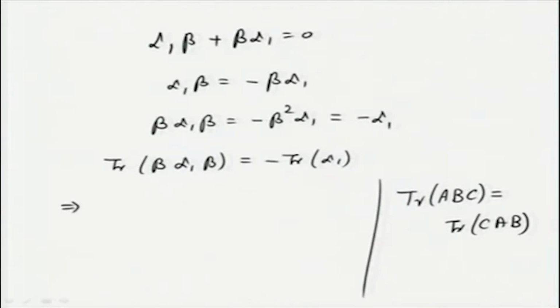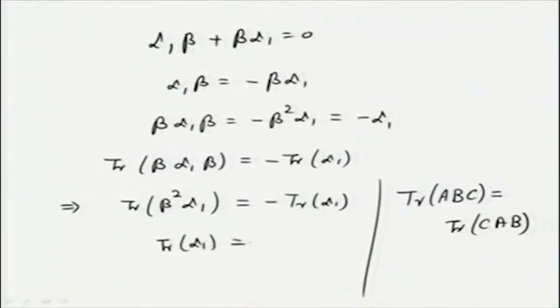That will tell you that the trace of beta alpha 1 beta is also equal to the trace of beta square alpha 1, and beta square is equal to 1. So, that will give me trace of alpha 1 is equal to minus trace of alpha 1. This is possible only if the trace of alpha 1 is equal to 0. A quantity is the negative of itself only if it is identically equal to 0.